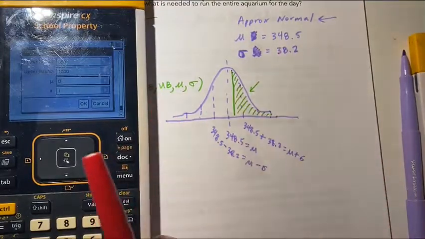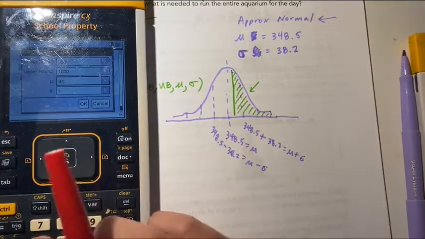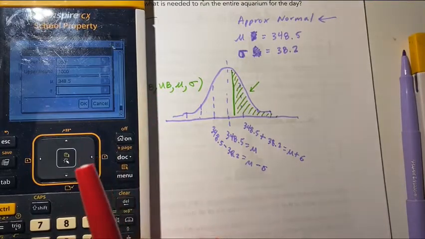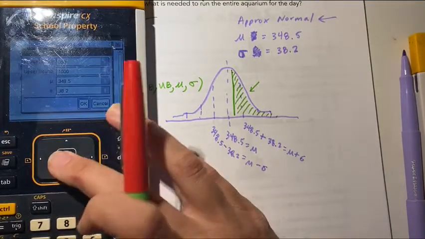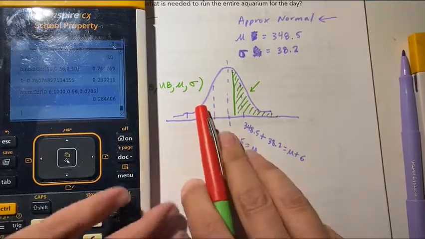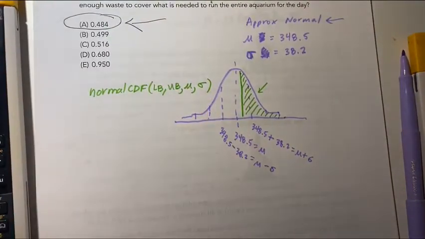My mean, I was told, is 348.5, and my standard deviation is 38.2. Okay, so there's my answer, 0.284. So you're saying, what happened here? 0.284 is not one of my choices. So let's take a look.